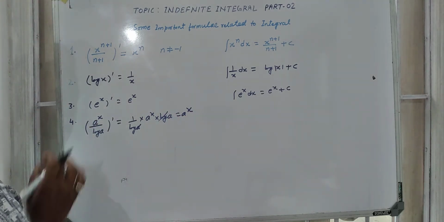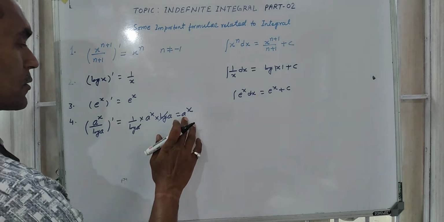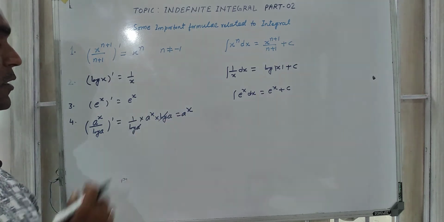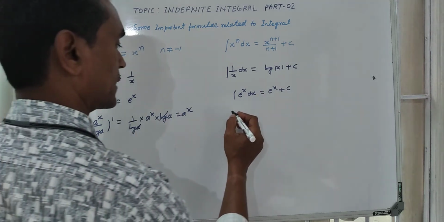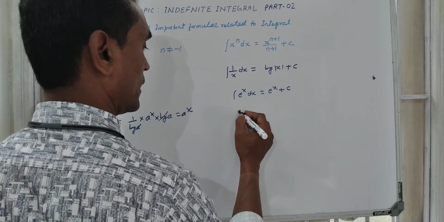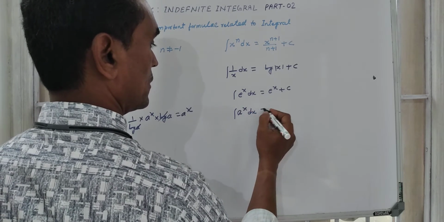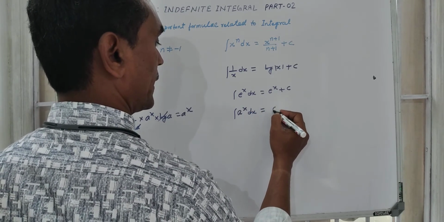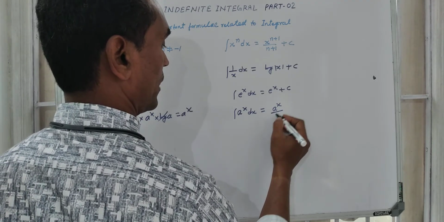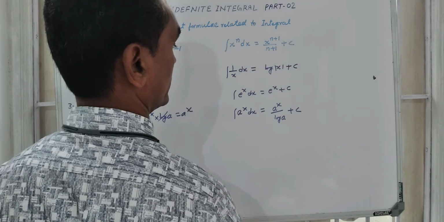So I have written here a to the power x by log a so that this should come in standard form, so that we can get the formula for integral in standard form. So integral of a to the power x dx is a to the power x by log a plus c.